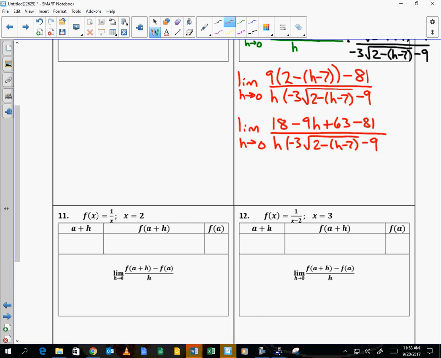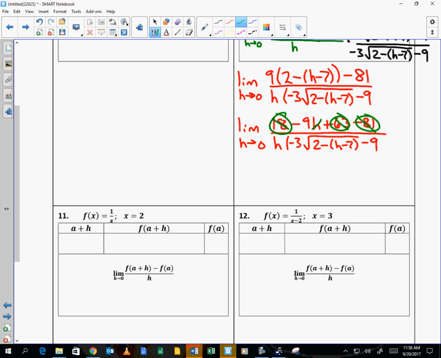All right. This is what I love. It's like, how could things really cancel? I mean, it just looks ugly. But you got to trust that 0 over 0, we can figure it out. And so what do you notice? The 18, the 63, and the negative 81 will go to 0, because 18 and 63 make 81, and you have a negative 81.